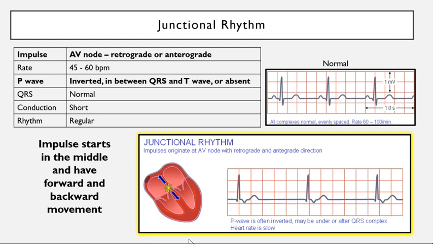It's upside down because you're measuring it backwards. When the detectors pick up the electrical stimulus going up and to the left, that's the direction of that vector. And when the movement of that electricity is supposed to be down and to the right, it's off. So it's looking upside down on your EKG.